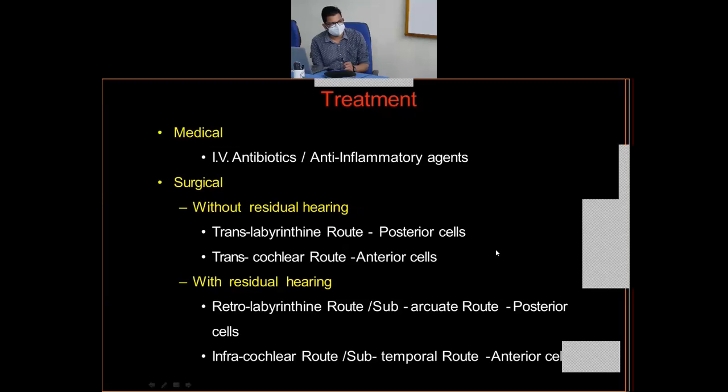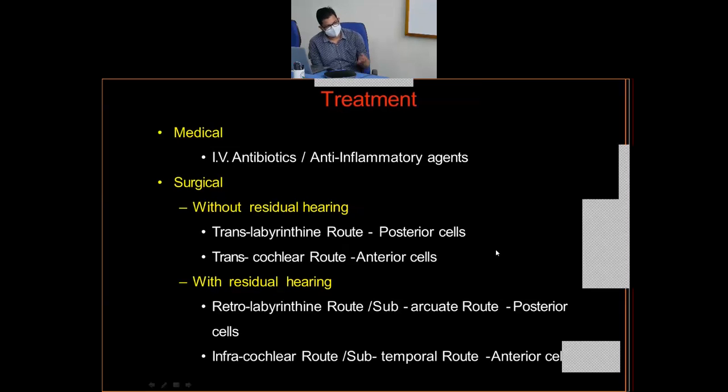There are lots of routes to go to the petrous apex, but it depends on the hearing. So if a patient comes to you without any residual hearing, where the ear is already damaged, there is no residual function like in labyrinthitis or something, then you can easily destroy the labyrinth. There is no issue with that.